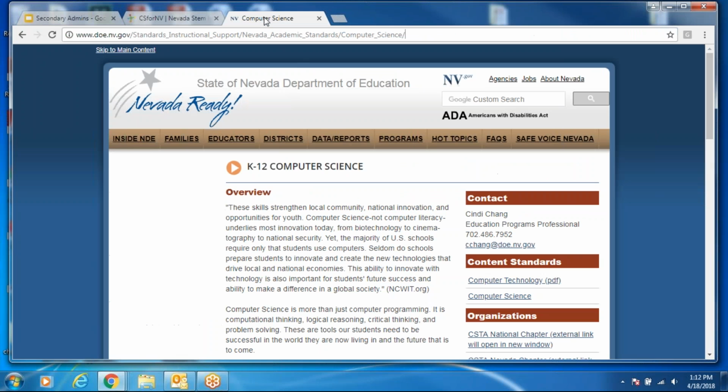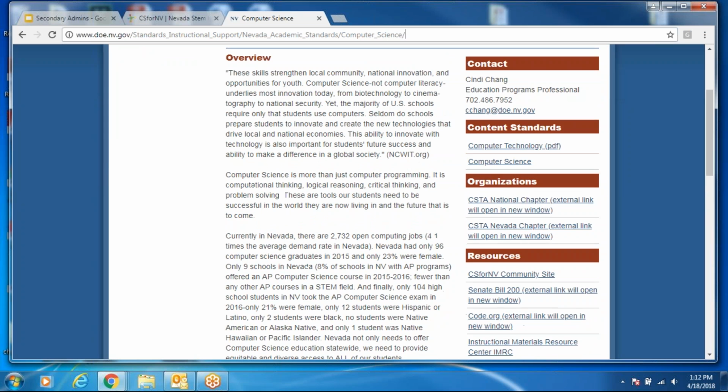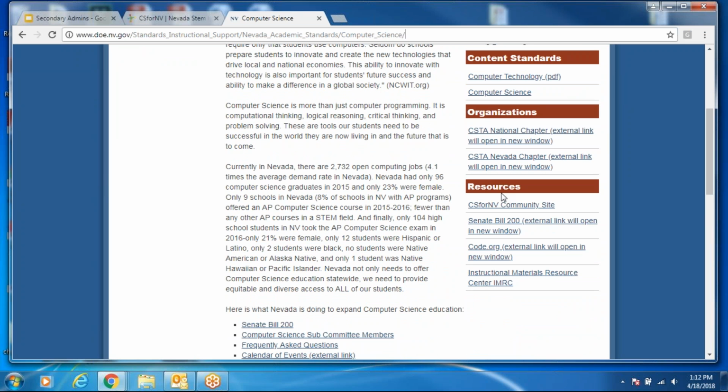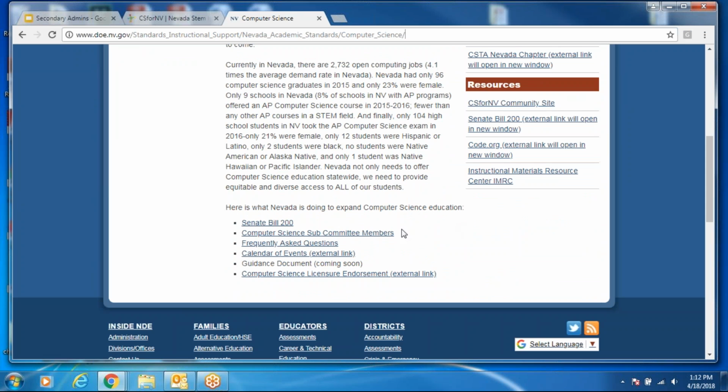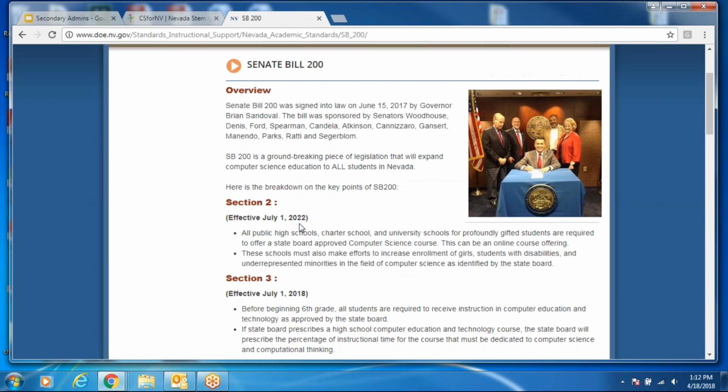On the department site, we have our standards and instructional support, academic standards, and computer science pages. There's a little bit of background on that. The link over here is to the legislative site that has the full bill, if you'd like to read that. Down below, I have a link that talks about the bill in sections, if you want just a real quick overview that way.